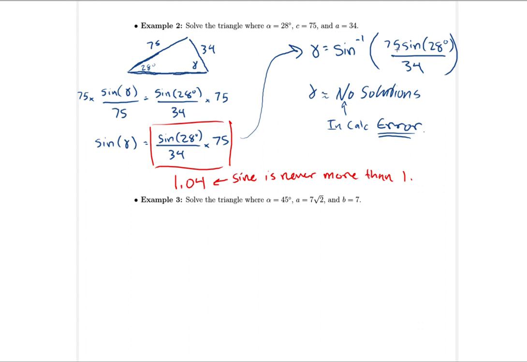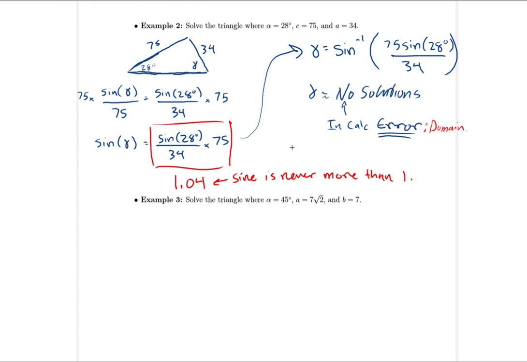And like I said, your calculator will just basically tell you that you've got yourself an error. More specifically, what does mine say to me? It says error domain. Okay, but that's the reason that it's occurring.